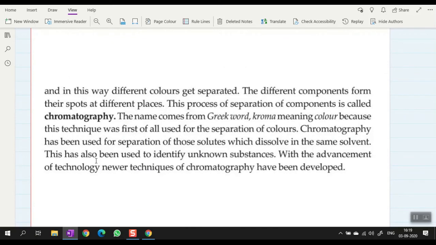The name comes from the Greek word chroma, meaning color, because this technique was first used for the separation of colors. Chromatography has been used for separation of those solutes which dissolve in the same solvent. This has also been used to identify unknown substances. With the advancement of technology, newer techniques of chromatography have been developed.